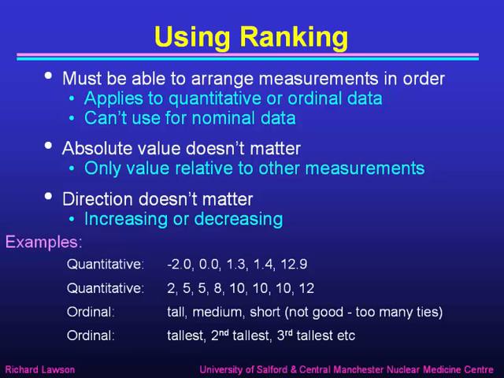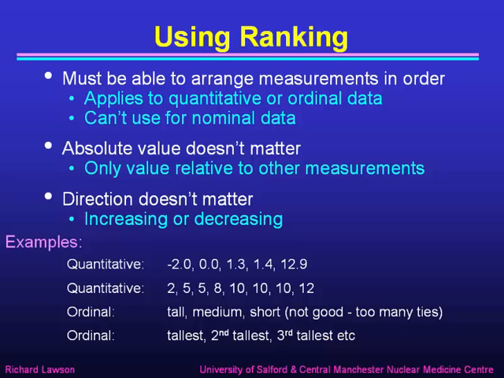Some examples of things that can be ranked would be quantitative data like the numbers -2.0, 0.0, 1.3, 1.4, 12.9, which are numbers arranged in increasing order. Or again, numbers like 2, 5, 5, 8, 10, 10, 12, which are whole numbers arranged in increasing order with some ties.